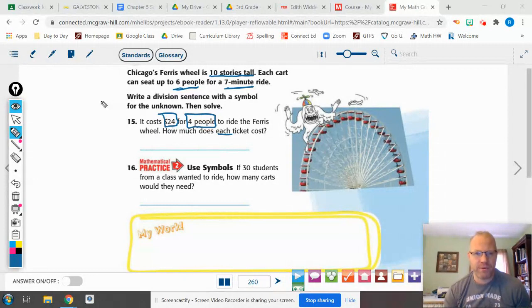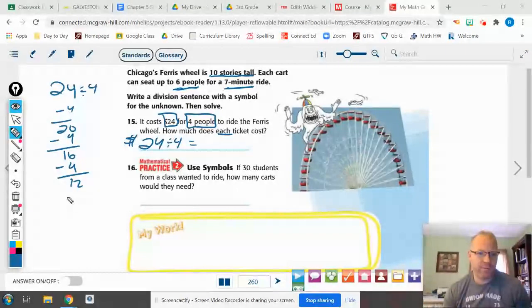So we have 24 total. 24 divided by 4. So it says write a sentence. It's $24 divided by 4. So you say, okay, well, 24 minus 4, 20, minus 4, 16, minus 4, 12, minus 4, 8, minus 4, 4, minus 4, 0.